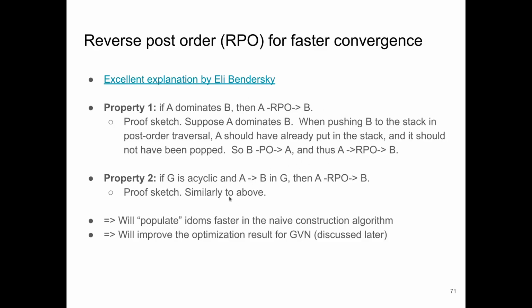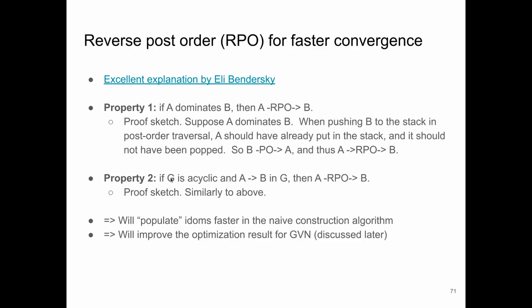When pushing B to the stack in the post-order traversal, A should have already been put in the stack, because you cannot reach A from B, and in order to reach B, you should have already visited A. That's why B is before A in the post order, and conversely, A is before B in the reverse post order.